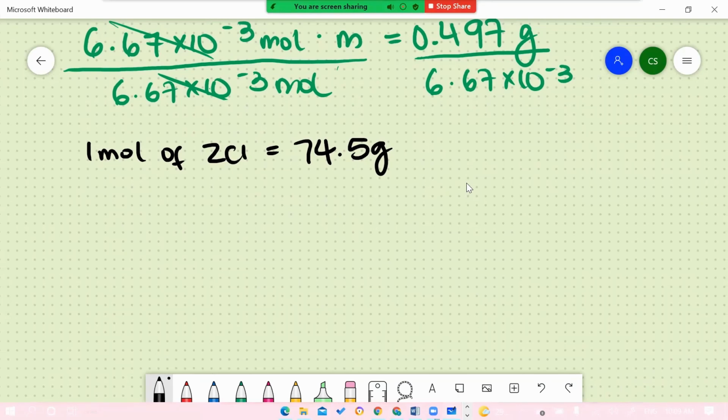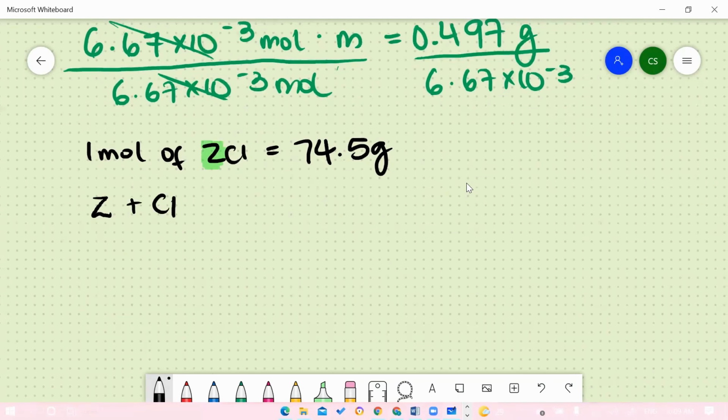Now, how would we find the mass of Z only? You know that the total mass of ZCl is 74.5 grams. Chemically this substance is composed of Z and Cl.